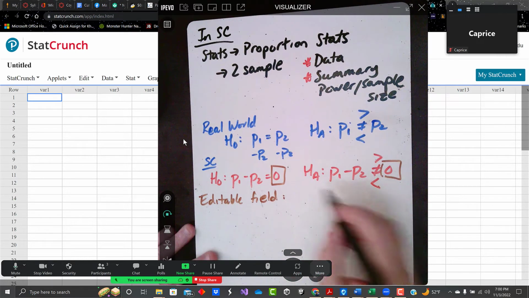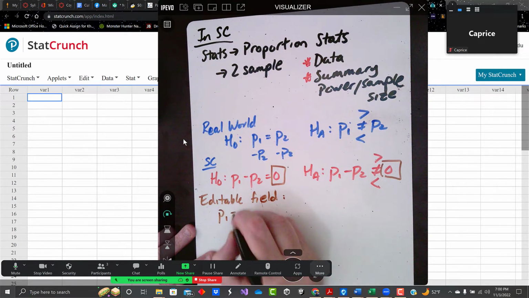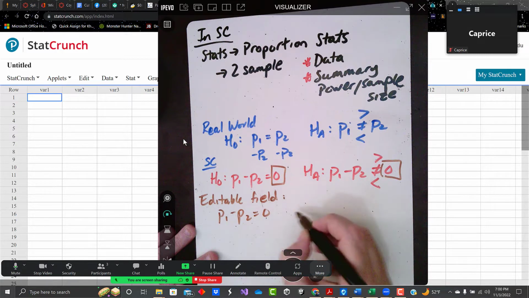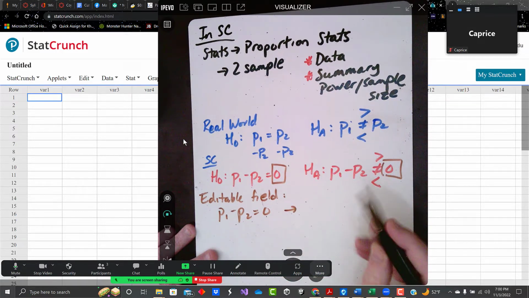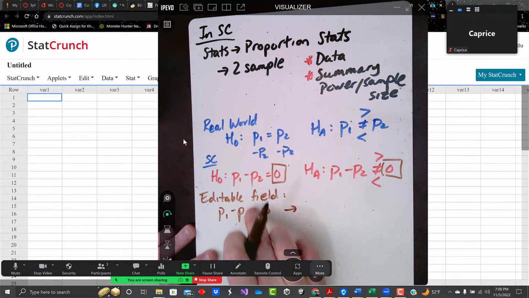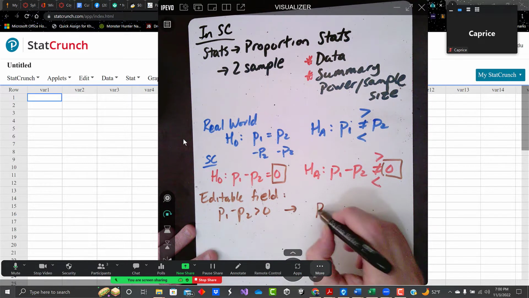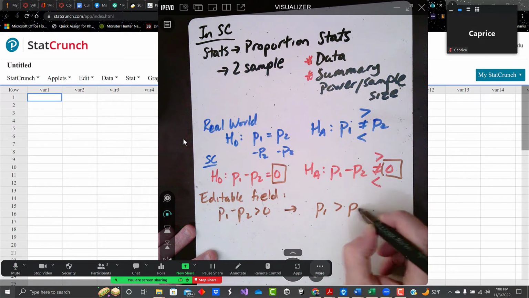What I mean by that is, P1 minus P2 greater than 0 is saying P1 is bigger than P2.